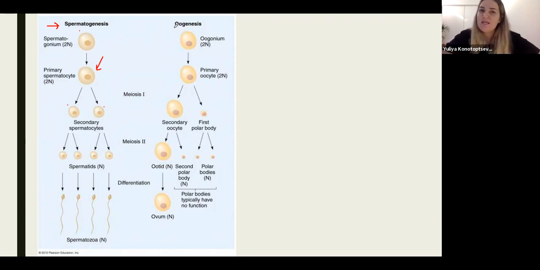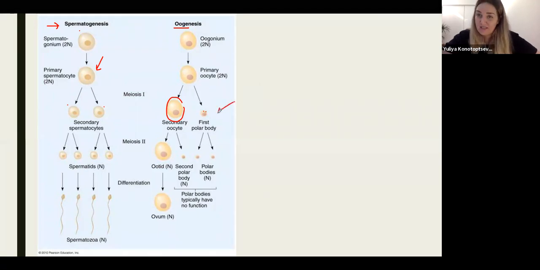The problem is in oogenesis, because every time the oocyte divides, it gives rise to one normal looking oocyte and one oocyte with little to no cytoplasm. You can see that this oocyte is looking a bit small. Why? Because it doesn't have cytoplasm, or it has, but a very little amount of it.